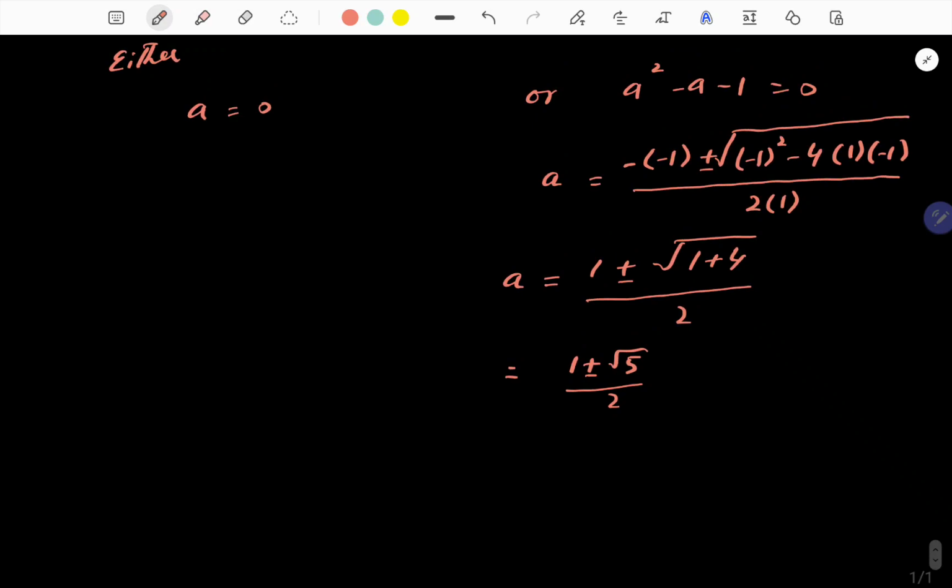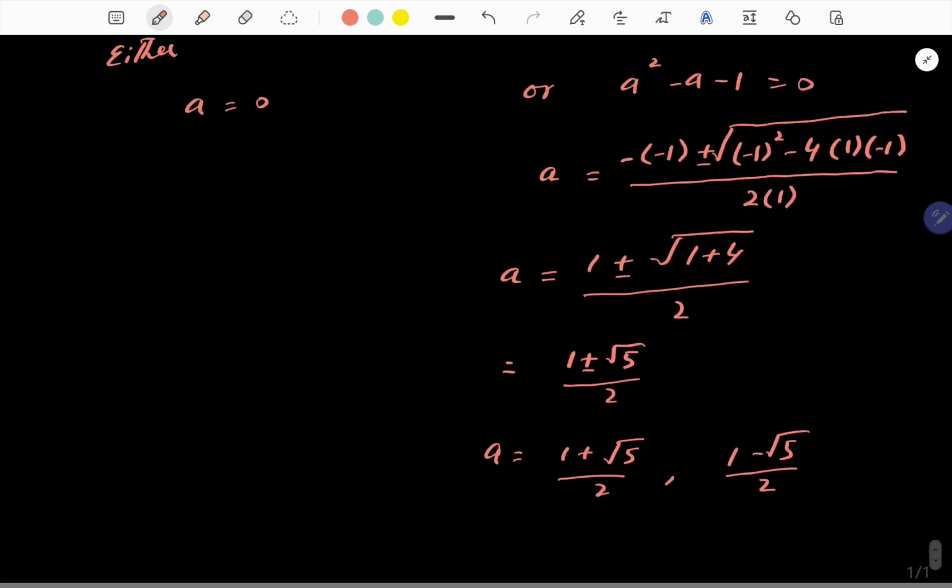So there are three values which we have got for a, and we can write these two values separately: (1 + square root of 5)/2 and (1 - square root of 5)/2.